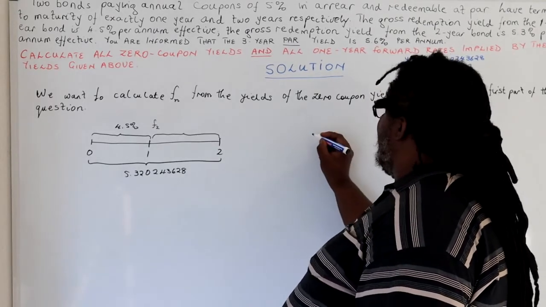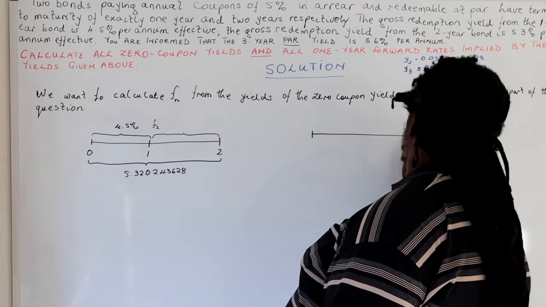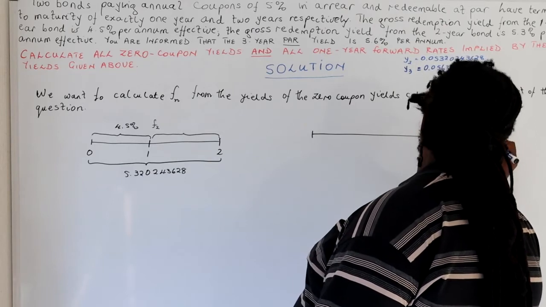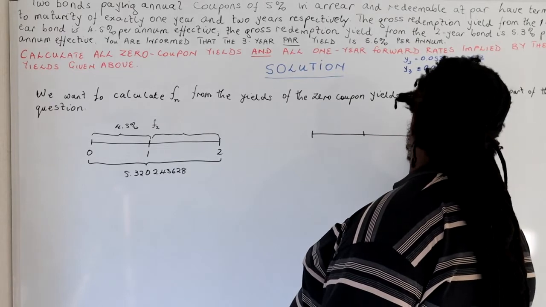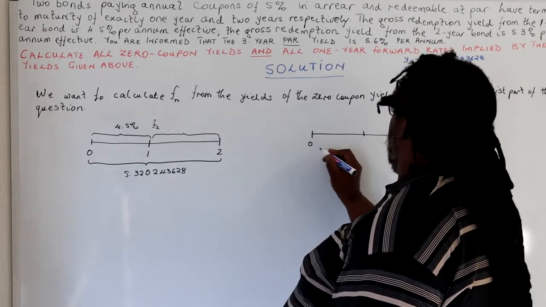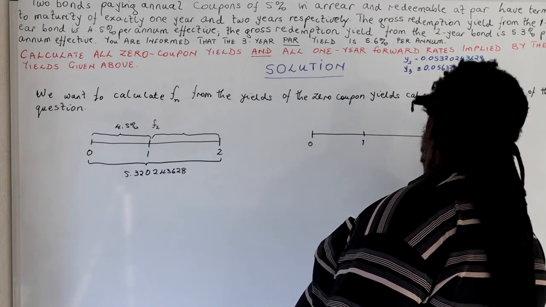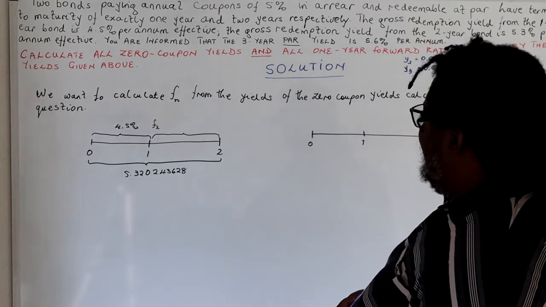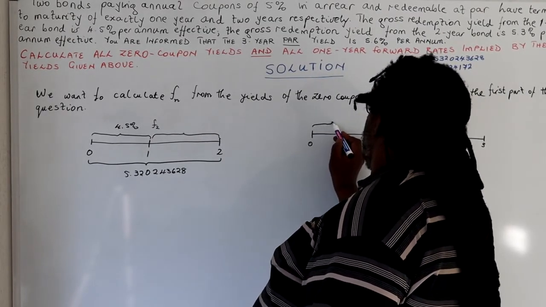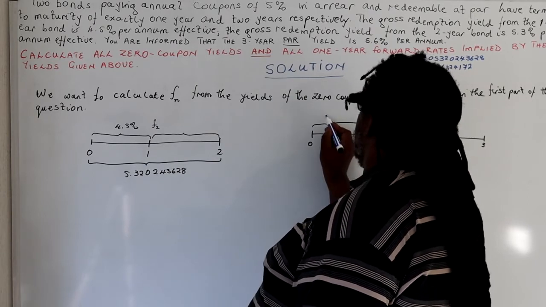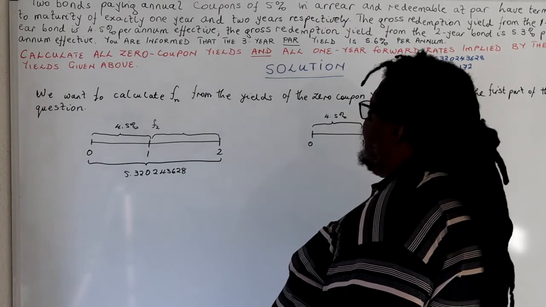Then the second scenario is we have the 3-year bond. So we have our first year there, our second year there. So this is 0, this is 1, this is 2, and this is 3. We know that the first period spot rate is 4.5%.